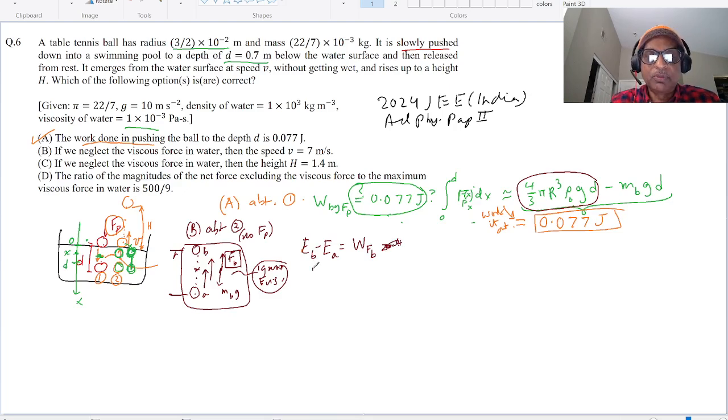EB is going to be, over here is speed V, that's the V we have to check if that's the case, of half MBV square, plus it's going to have potential energy with respect to A. So potential energy of gravity equals 0 here, reference.